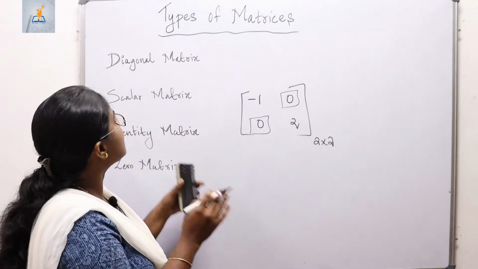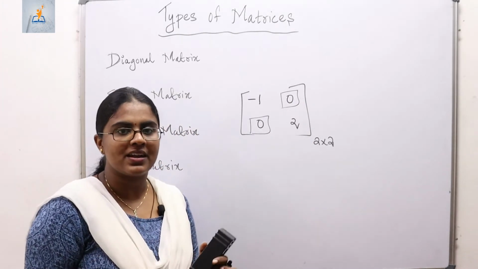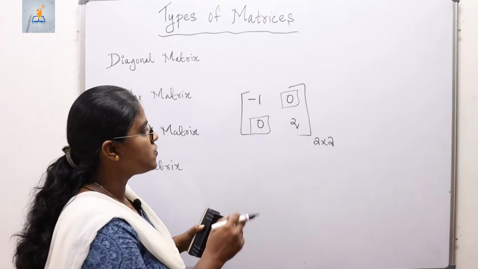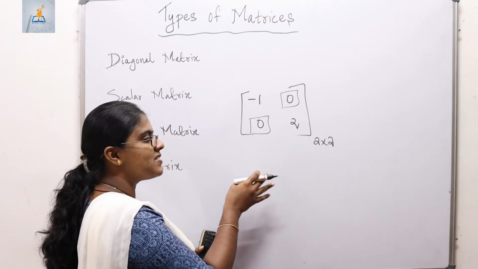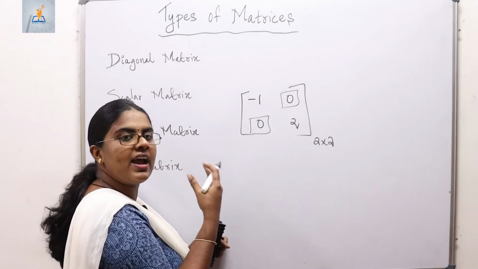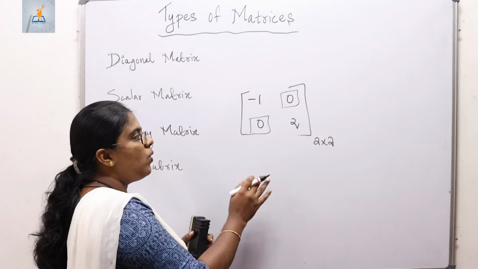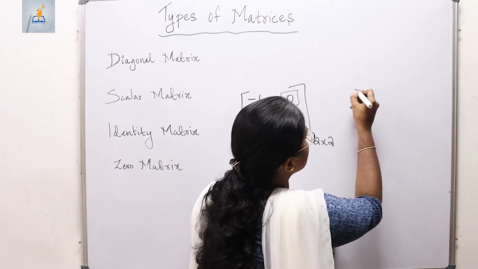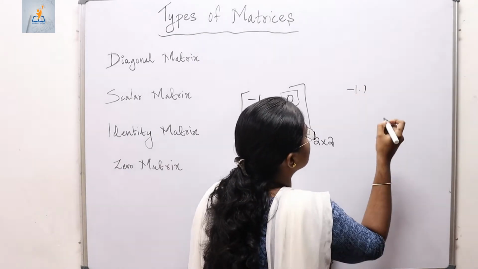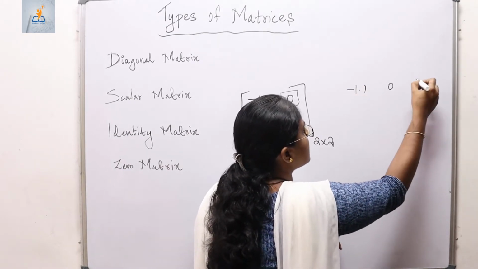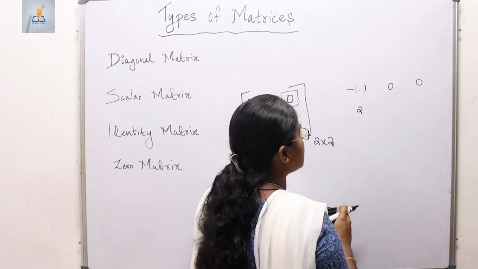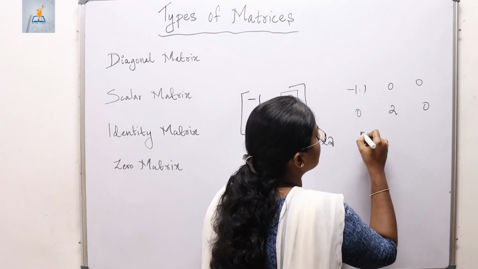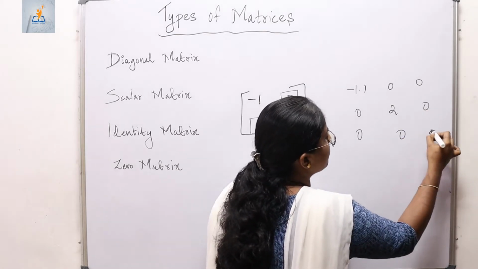So a matrix is called a diagonal matrix if all its non-diagonal elements are 0. So always remember that a square matrix is called a diagonal matrix if all its non-diagonal elements are 0. Let me give you another example of a diagonal matrix: -1.1, 0, 0, 0, 2, 0, 0, 0, 5.